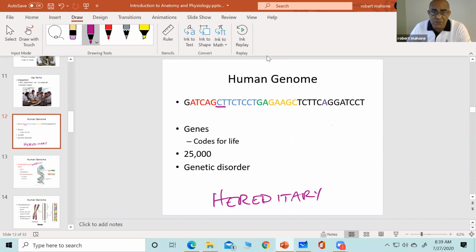So that's the difference between the two. Genetic disorders are mistakes up in here that just happened to you while you were being created. Hereditary are mistakes in here that you got from your parents. Somebody in the family had that same mistake and you got it from them. All right, so that's the difference between genetic versus hereditary disorders.